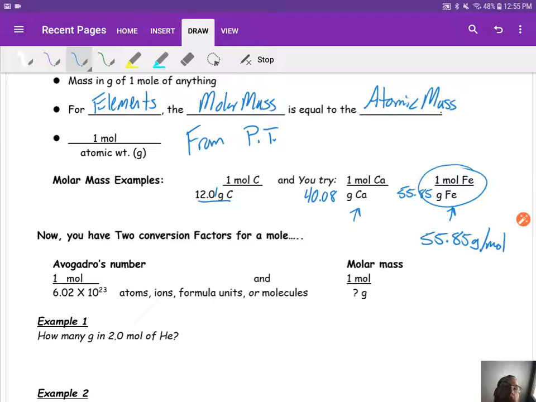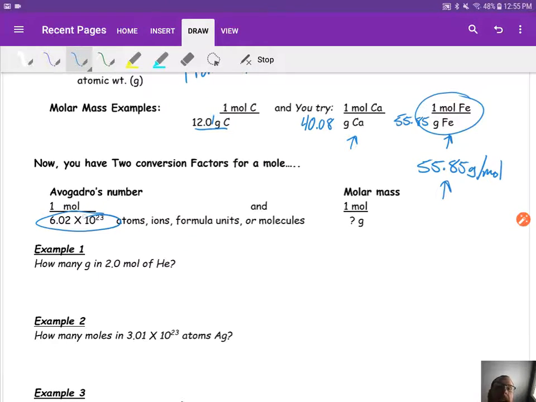So how do we look at that? Well, that's 6.02 times 10 to the 23rd atoms of iron. So when I have Avogadro's number, 6.02 times 10 to the 23rd atoms of iron, it turns out that it is equal to 55.85 grams. So we have 2 conversion factors now. We have one for Avogadro's number, that we looked at in the last video, and now we have molar mass as well.